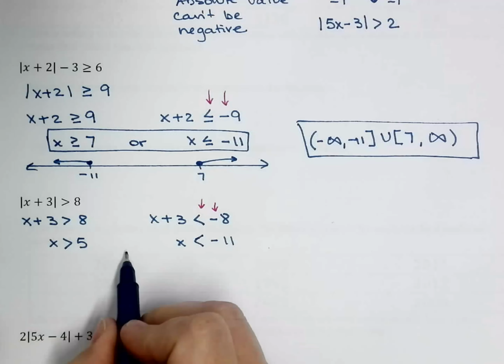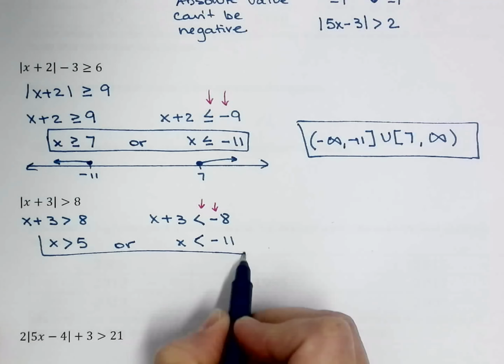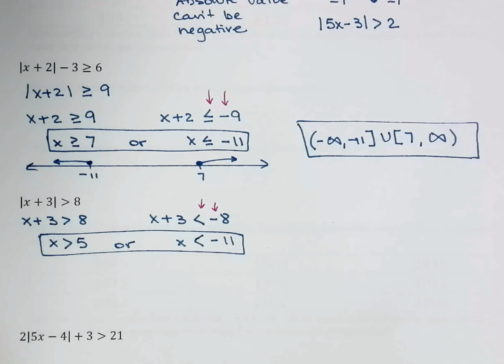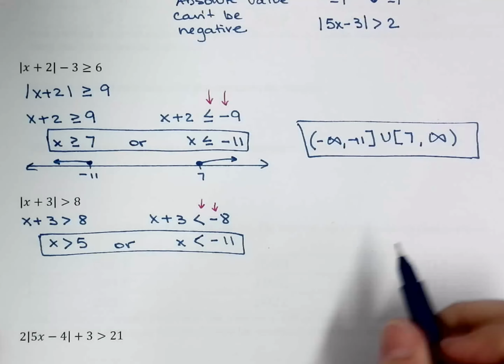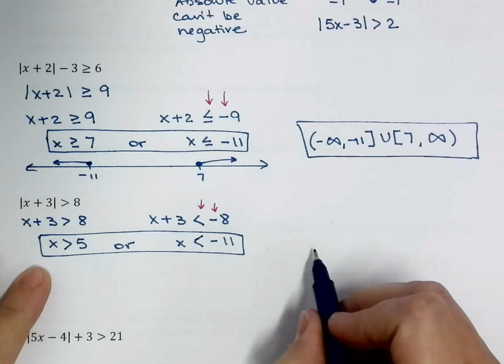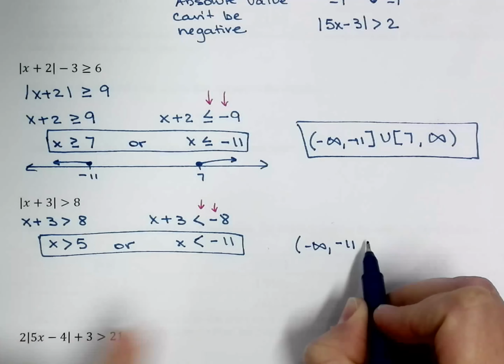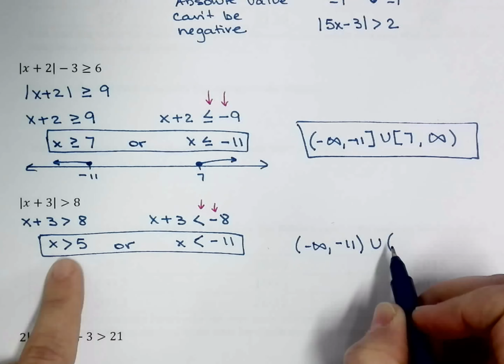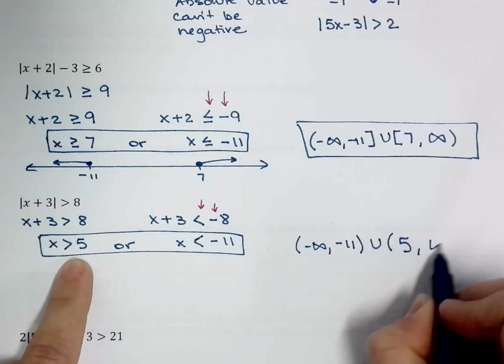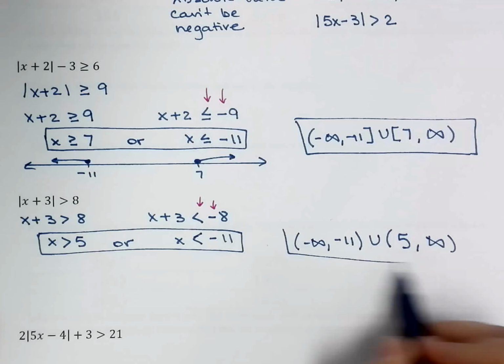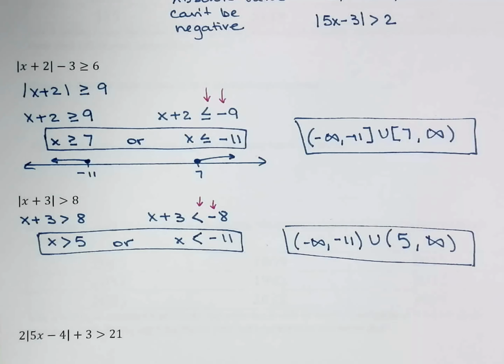So here is your inequality format. And if you're going to write this in interval notation, we have -infinity toward -11, exclusive, and then from 5 toward positive infinity. Exclusive both ways.